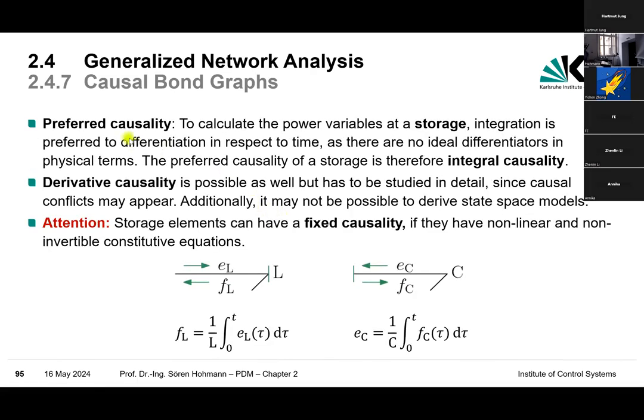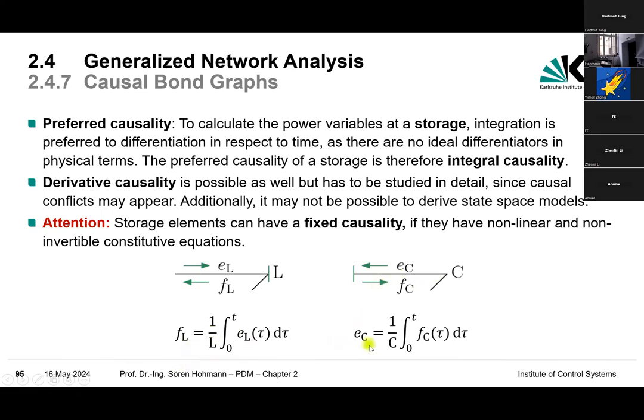Now let's talk about the storage elements. There exists a so-called preferred causality. By definition, we define that the integral relation is easier to manage in terms of numerics than the derivative. It's due to the fact that we use numeric integrators instead of differentiators. That's the only reason, and if we do so, it's easy. For an inductance, we have the following relation: 1 over L, and we integrate E_L, then we get the flow.